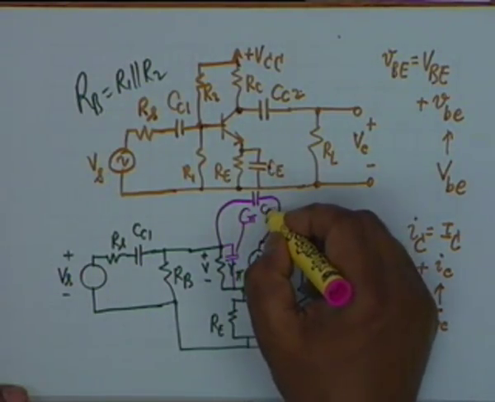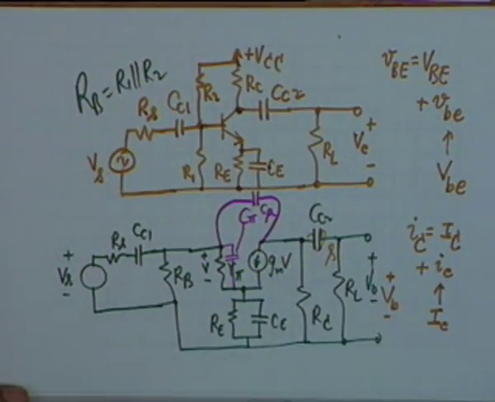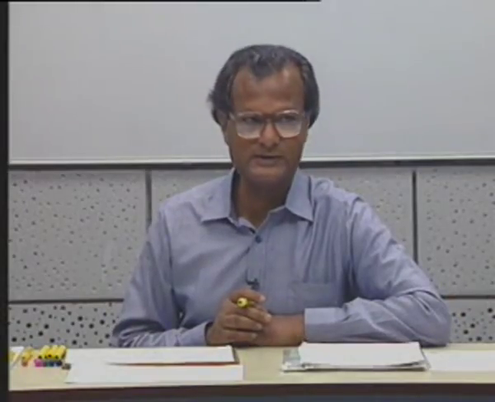This is C mu. If we introduce these two, then this circuit is complete. It can represent low frequencies, high frequencies, and also medium frequencies.